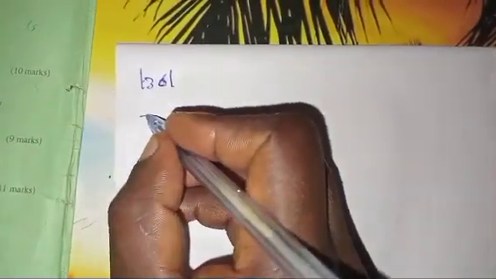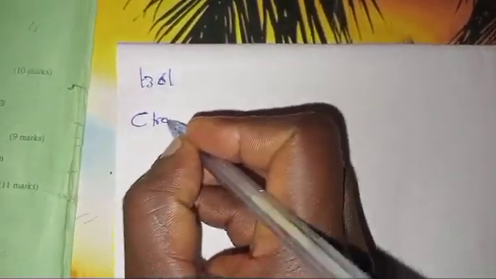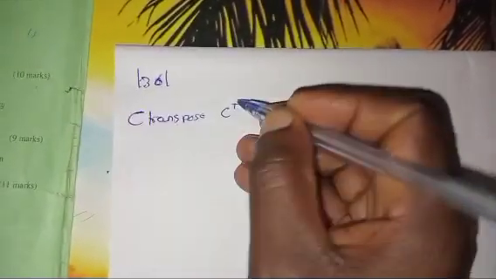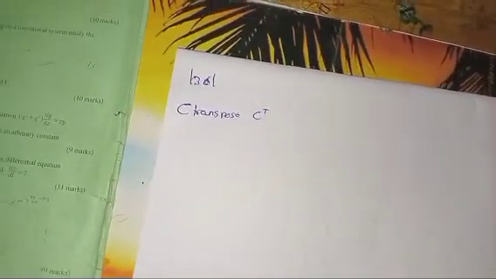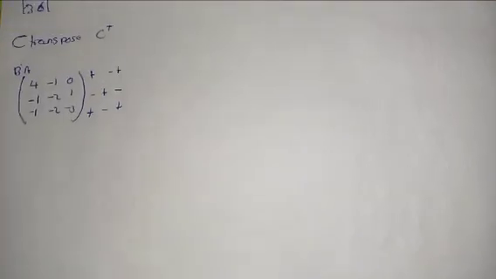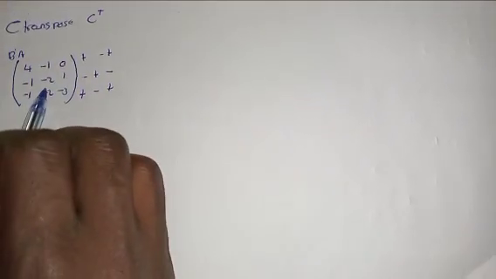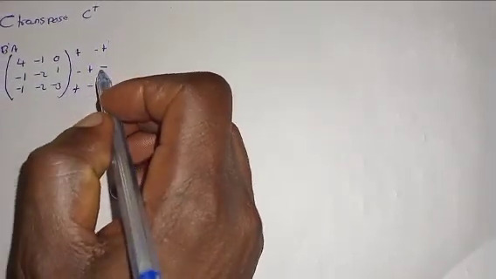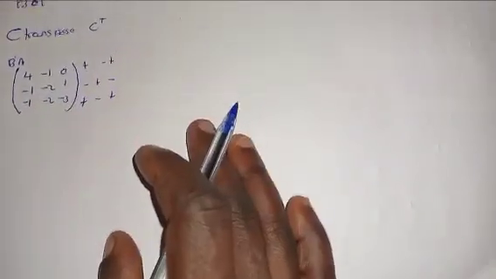So after finding the determinant, we find the C transpose. How do you find the C transpose? Our BA is here. You include this sign. These signs will help you in knowing the signs.